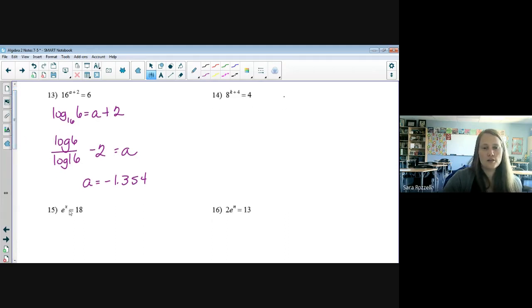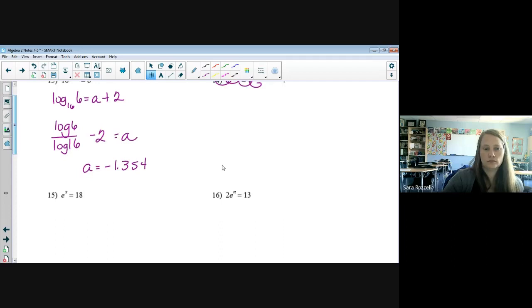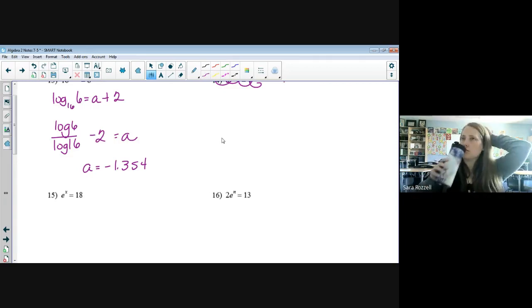All right, our last two, go ahead and write those down. We have e to the x is equal to 18, and 2e to the n is equal to 13.